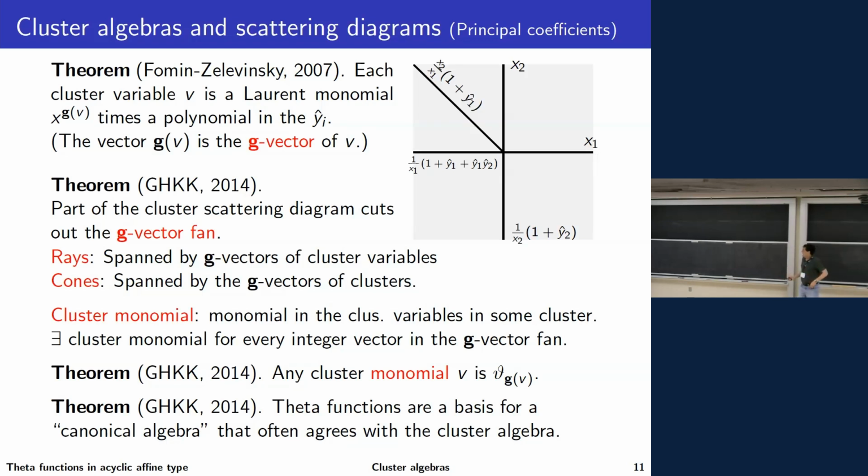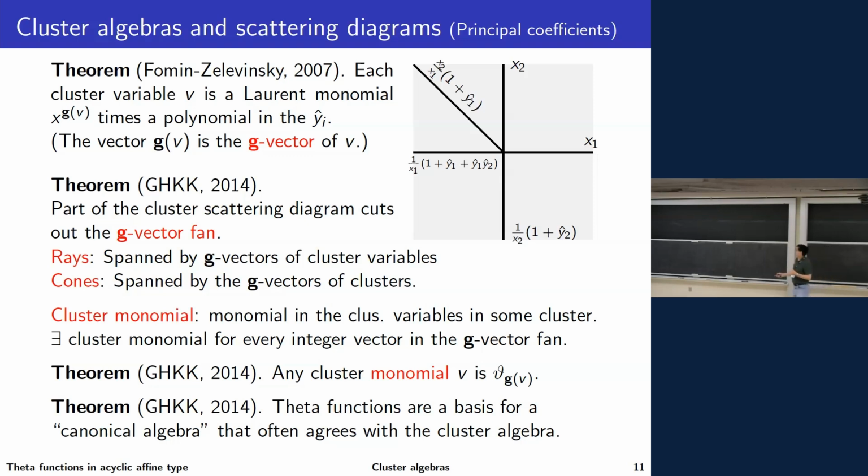So that's the g vector fan. It's somehow sitting inside the cluster scattering fan, right? So that's already the first indication that something really good is happening if you want to understand cluster algebras using cluster scattering diagrams.